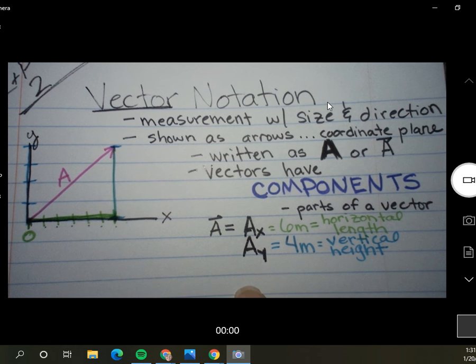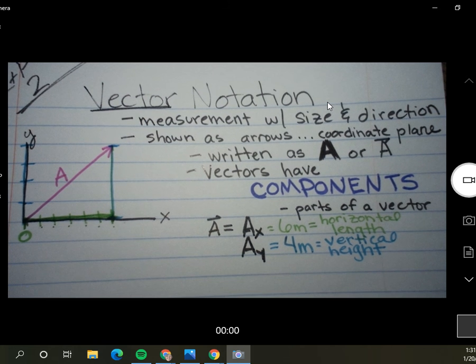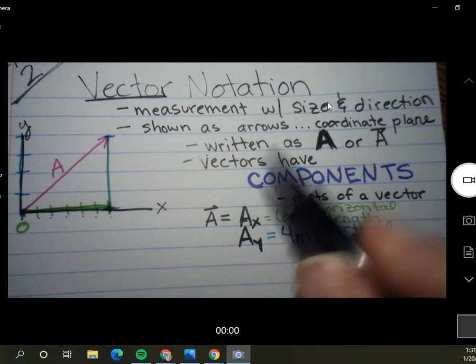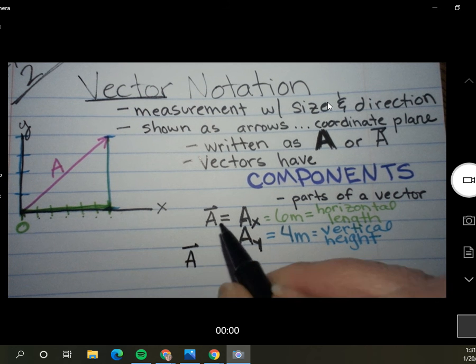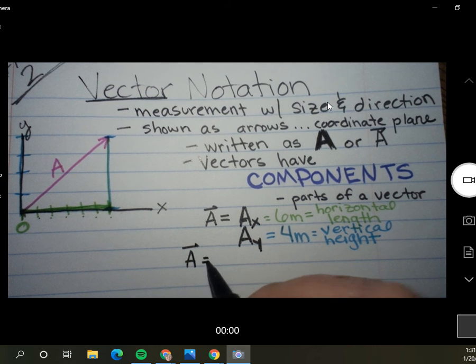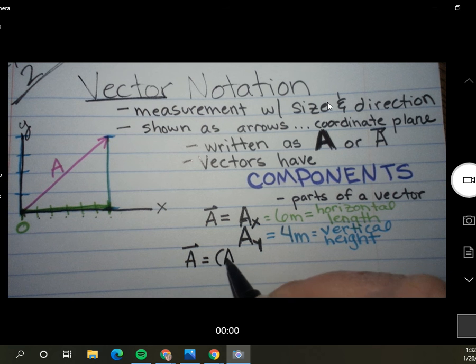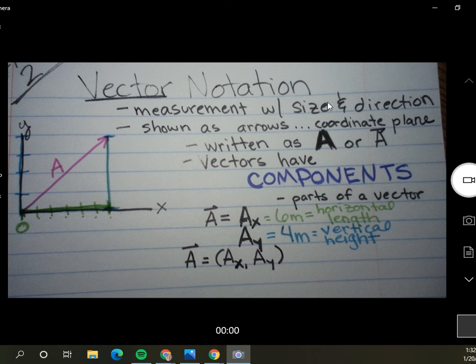Okay. All right. So let's make this really obvious here. We had vector A equals A sub x, A sub y. Does that look familiar in any way? Coordinates.